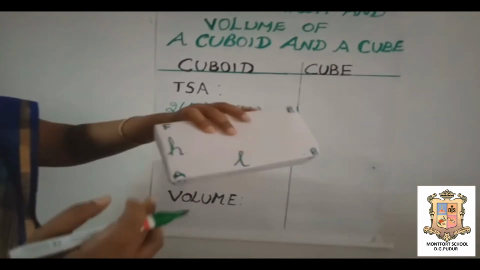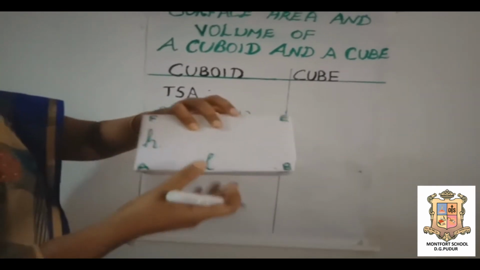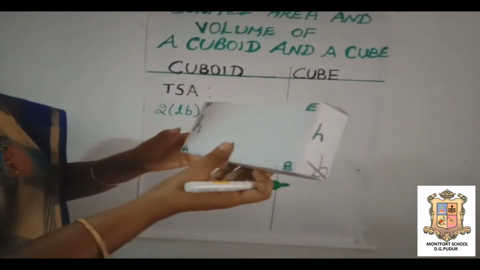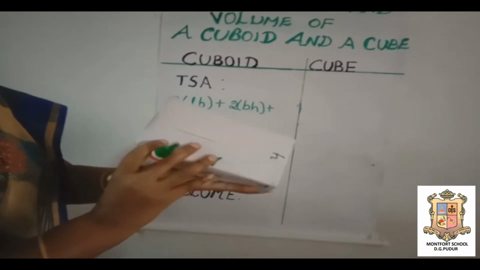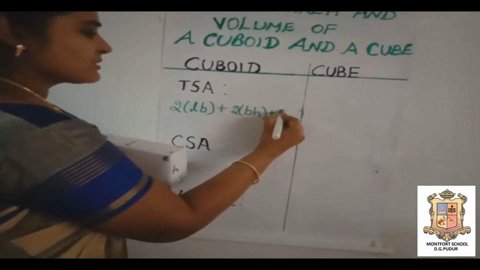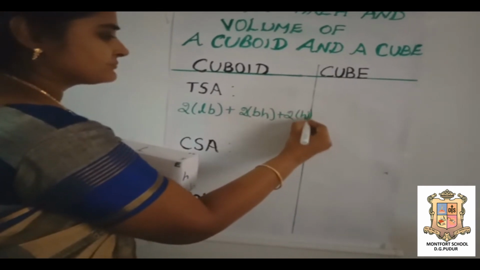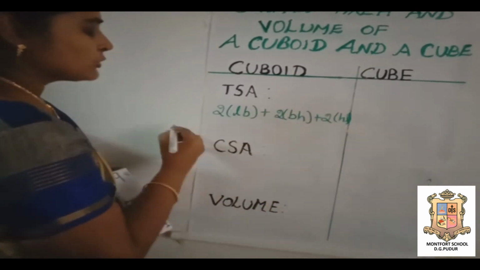plus the last one, the area of this face is H into L. The area of the opposite side is also H into L. So the sum of the areas of these two faces is twice HL. From these three terms, 2 is common.